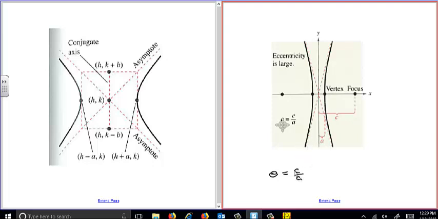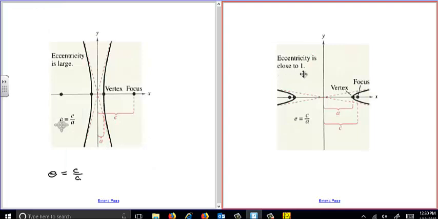So the closer this is to 1, the more symmetric it is, meaning it moves up in the x and y direction fairly evenly. In this case, it's moving up much more quickly in the y direction than it is in the x direction. And that can be quantified using the eccentricity. So this is an example of a large eccentricity.